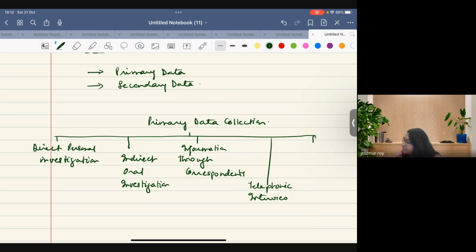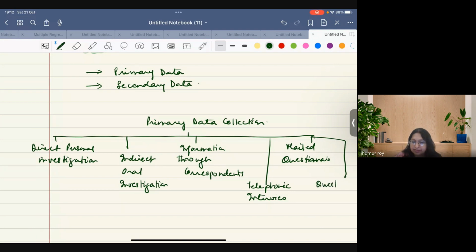Then next is the mailed questionnaire, and the last method will be questionnaires filled by enumerators. I'll be dealing with all these different methods, at least a little bit. I will not go into very much detail, but just give you a brief idea about all of them.